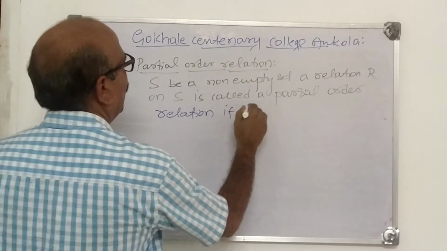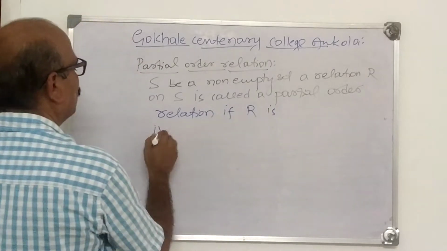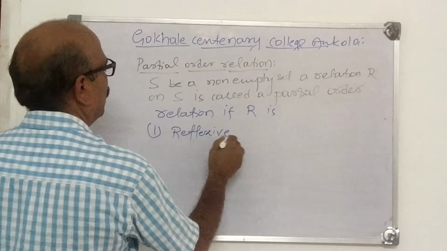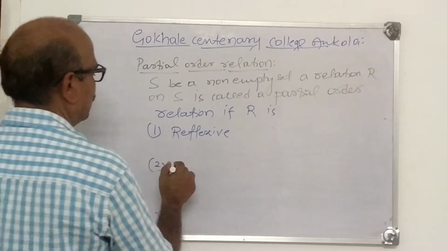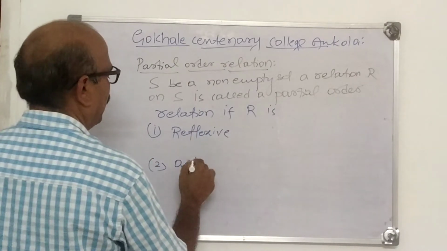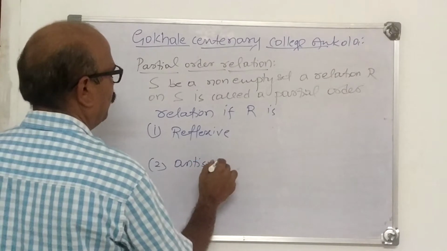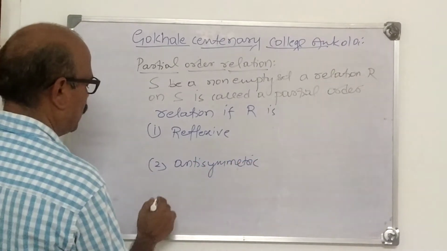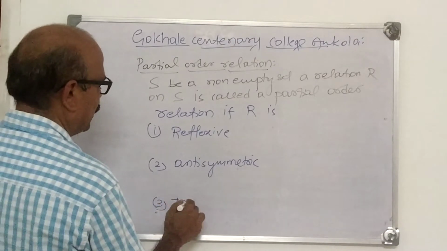if R is, first one, reflexive, second, antisymmetric, third one, transitive.